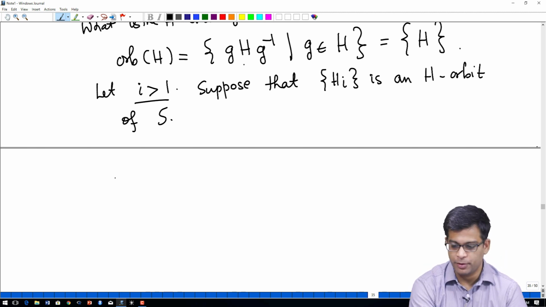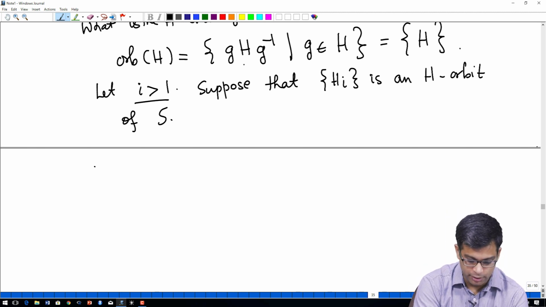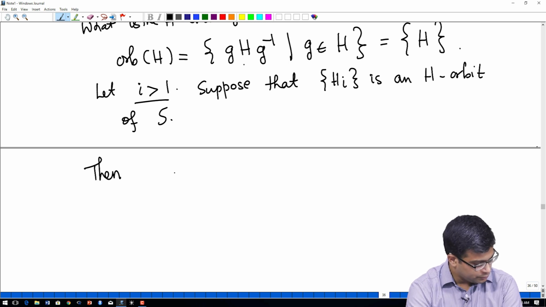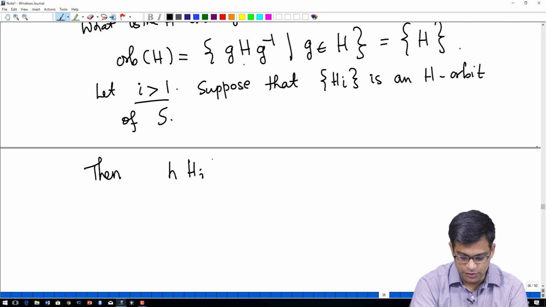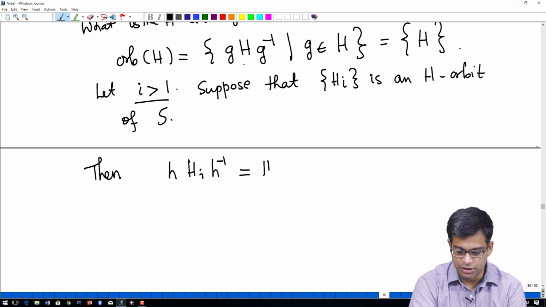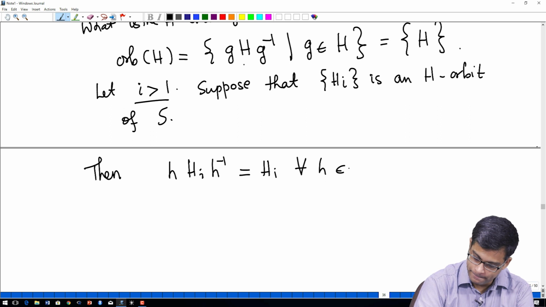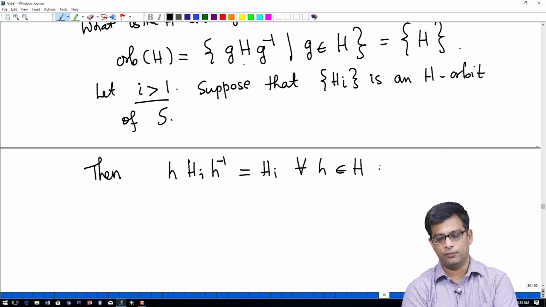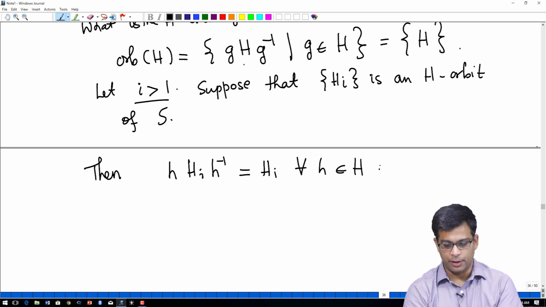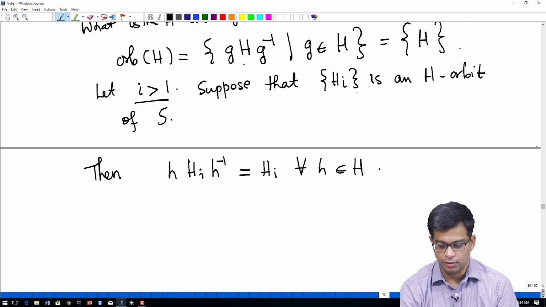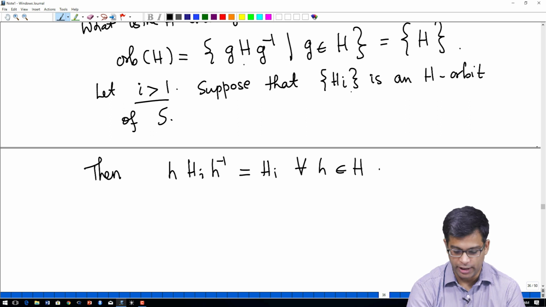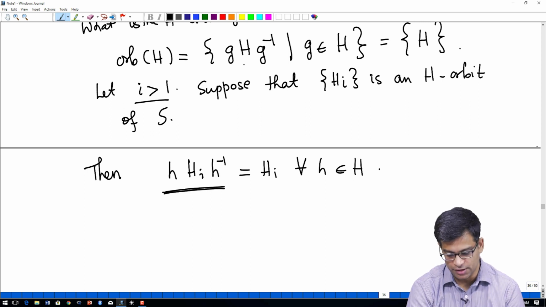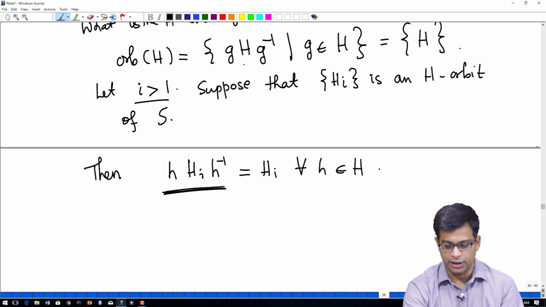But if H_i is an orbit by itself, then what we have is h times H_i times h inverse is equal to H_i for all h, right. This is the meaning of H_i being an H orbit, because the H orbit of H_i is all subgroups like this, but it is just H_i.